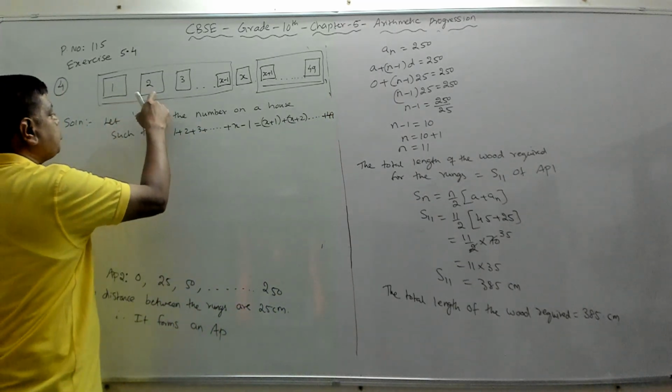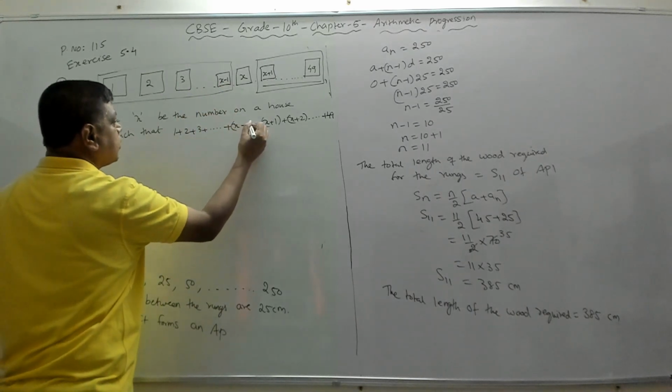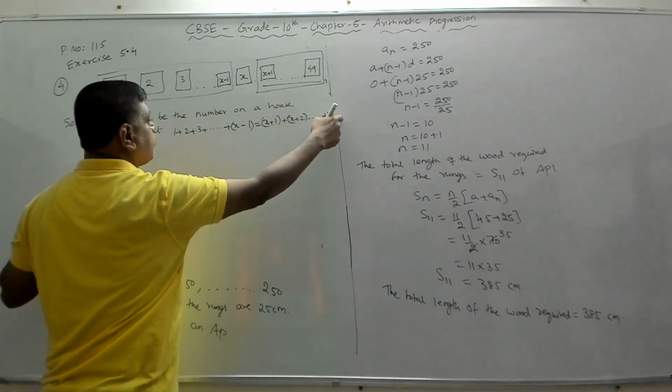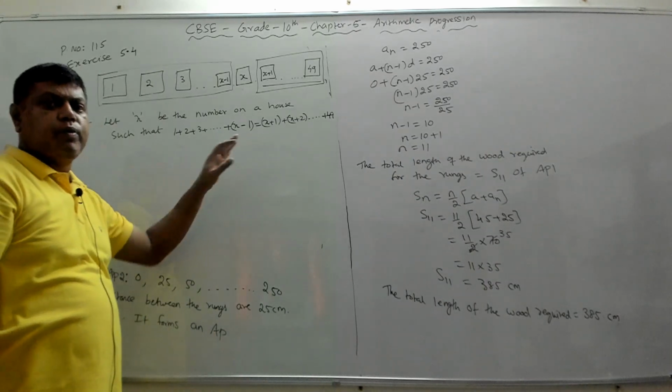So 1 plus 2 plus 3 till x minus 1 is equal to this plus this plus this till 49. So this is the equation that we have.